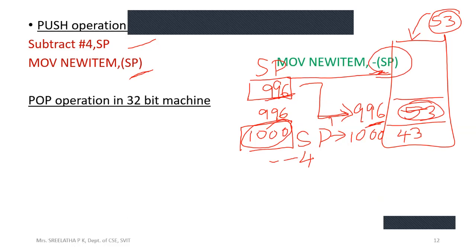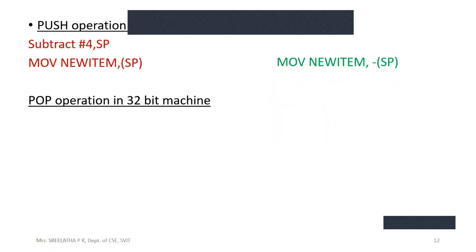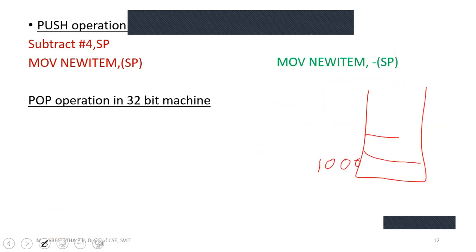I have to remove an element, I have to take out an element. So if it is 1000, and here some other data is there, 53, and here it is 43, the stack pointer is pointing to this location at 996.